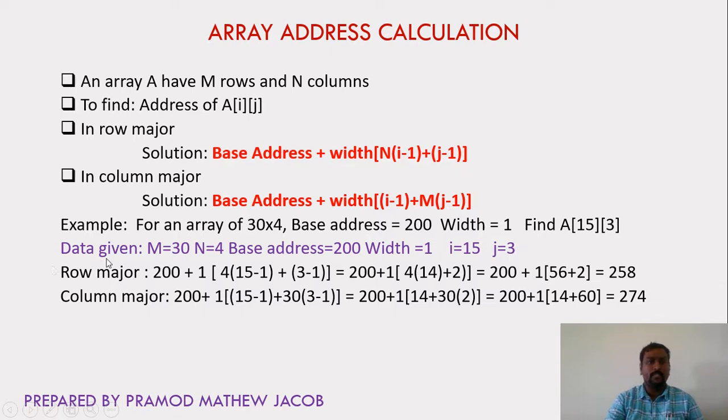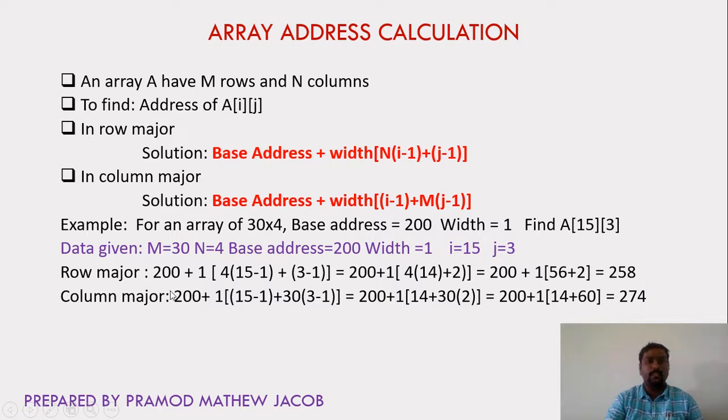So in row major, base address is 200 plus width is 1 into n, where n means number of columns, that means 4 into (15 minus 1) plus (3 minus 1), which is equal to 200 plus 4 into 14 plus 2, that is 200 plus 58, which is equal to 258. Direct substitution.